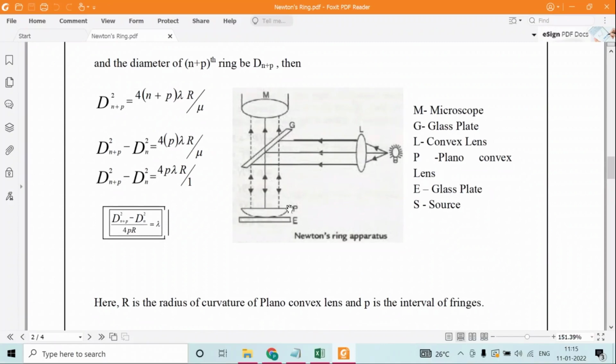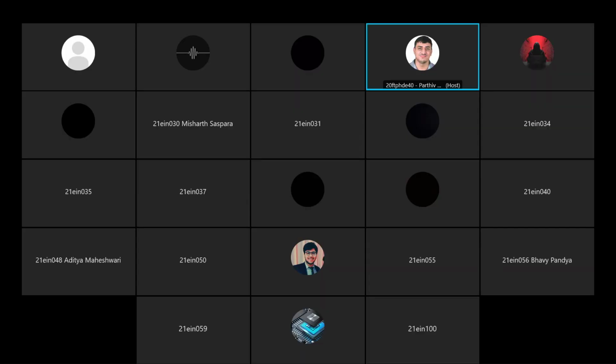So this is nothing but the Newton's ring apparatus, and we'll quickly go into the simulator. I will explain the procedure. I have posted the link of the virtual lab for this experiment. You just open this link.